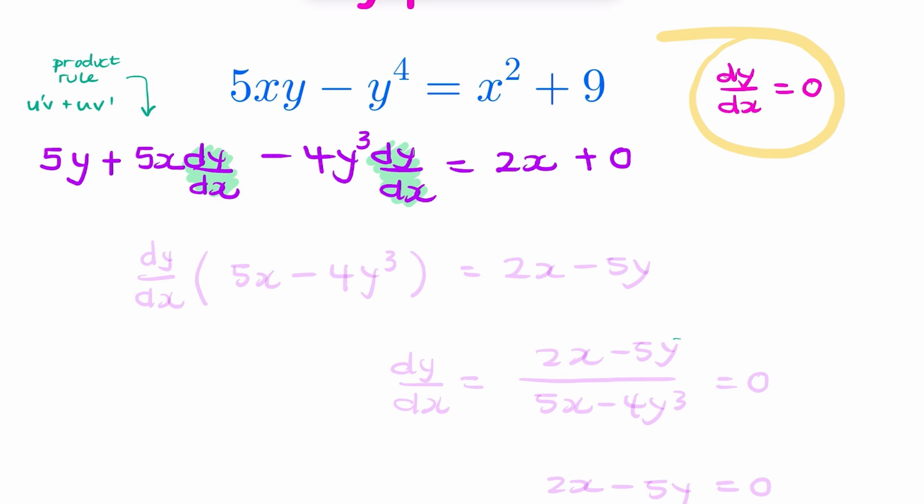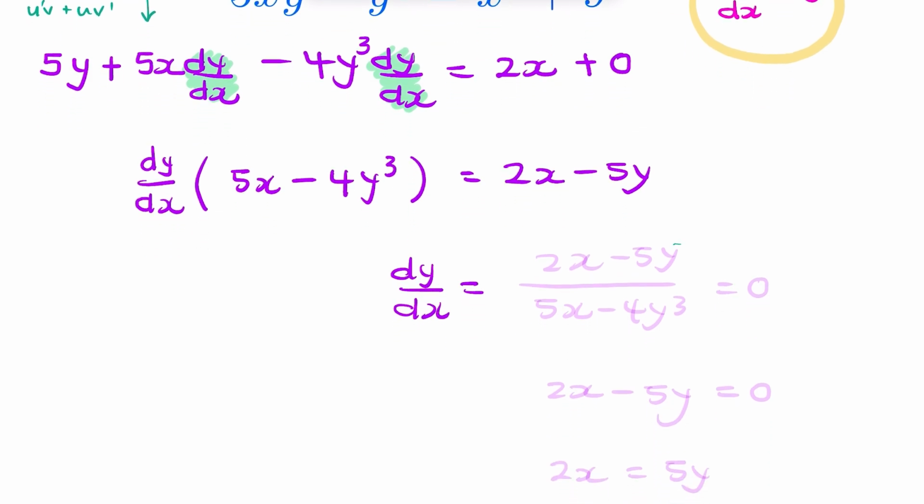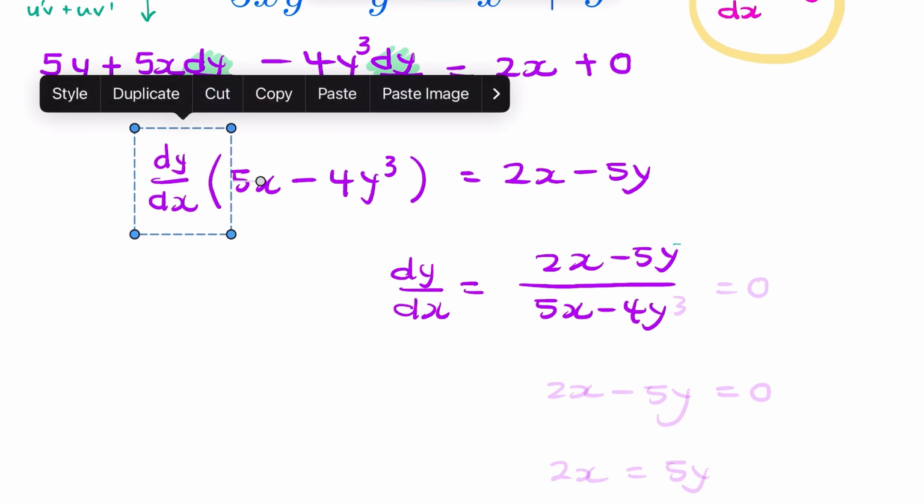So we end up with dy by dx, if we take a common factor, (5x minus 4y cubed) equals 2x minus 5y. And therefore dy by dx is (2x minus 5y) divided by (5x minus 4y cubed).